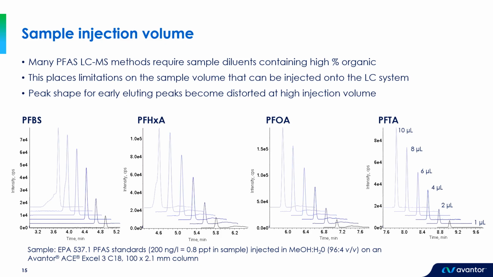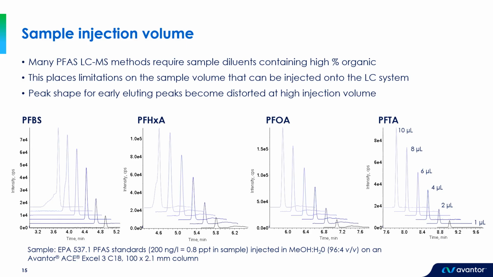So here we've got an example of 4 PFAS in 96% methanol injected onto a 10 by 2.1 millimeter ID column. If we look at PFOA and PFPA, we can see that as we increase the injection volume, we increase peak height and the peak shape isn't really affected.